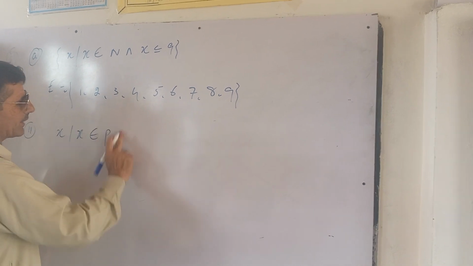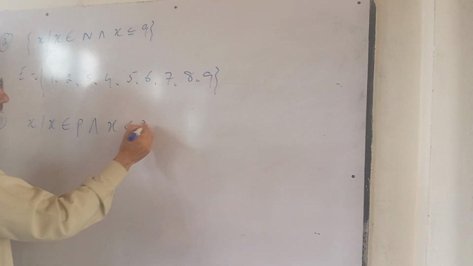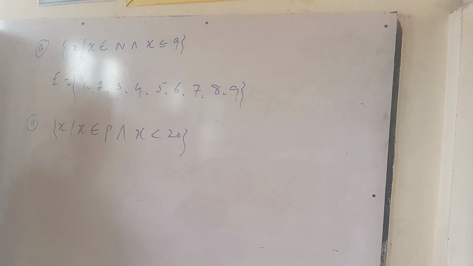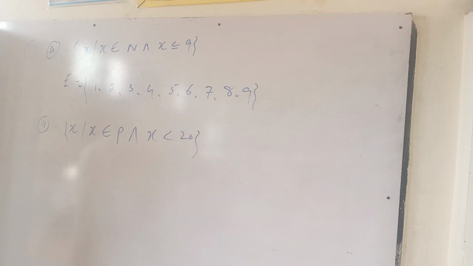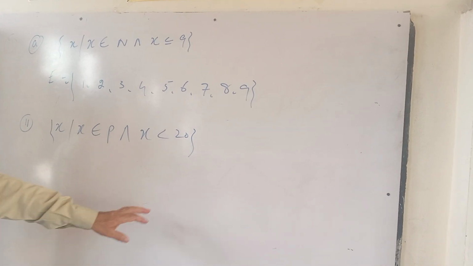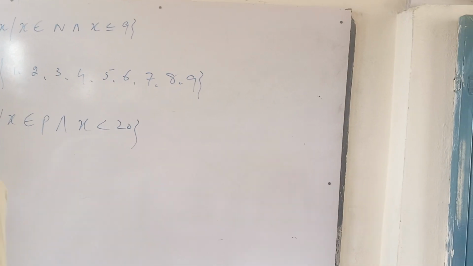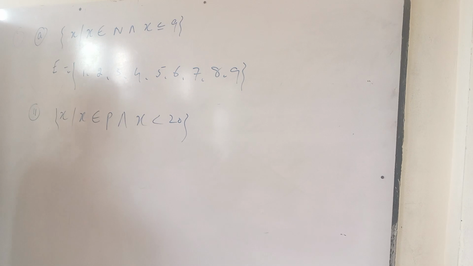It means write the set of prime numbers which are less than 20. It is in the set builder notation form, so we shall write it in tabular form.